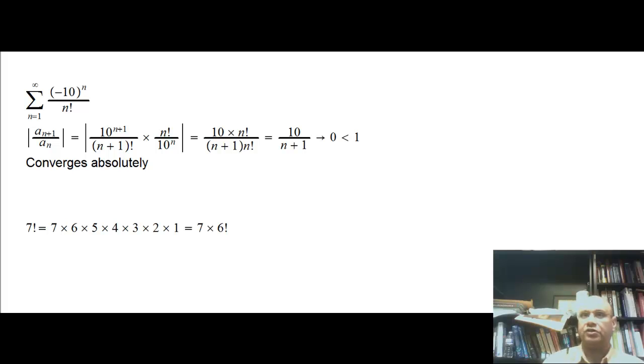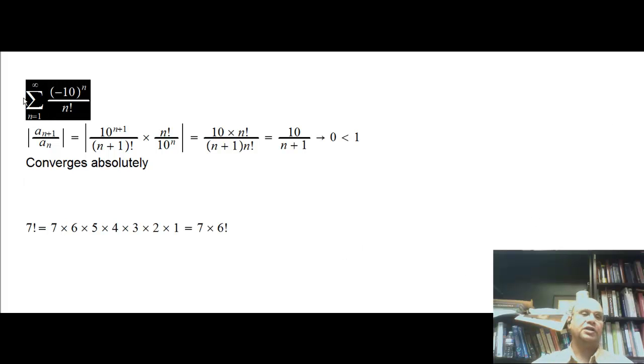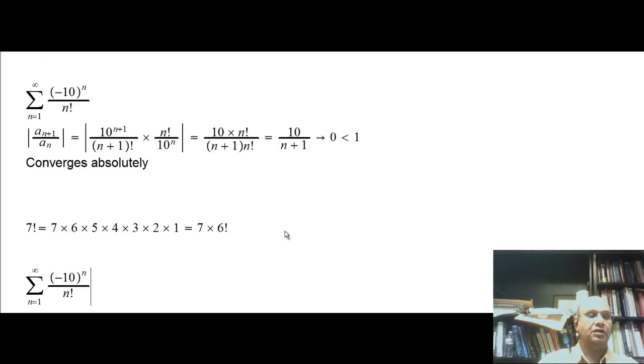So we were able to determine it. It converges absolutely, so let's see if it goes to a point.